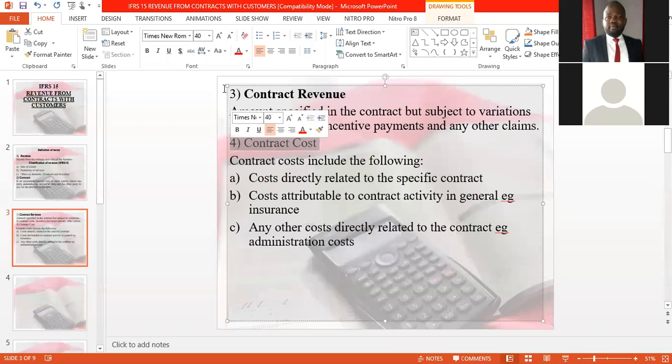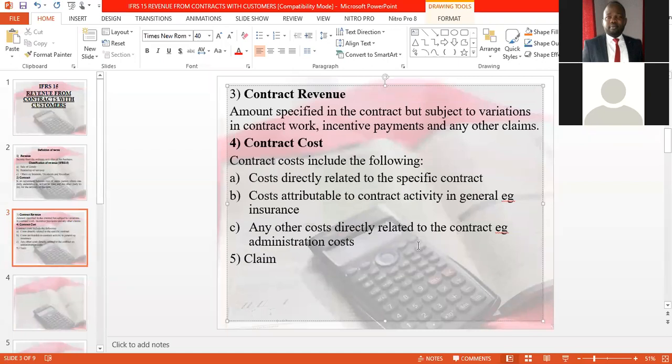Okay, so why don't we now move a step further? What I've maybe not defined before I forget is number 5, claim. So remember I said, what is a claim?